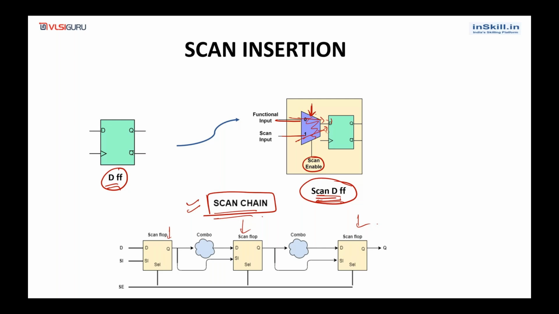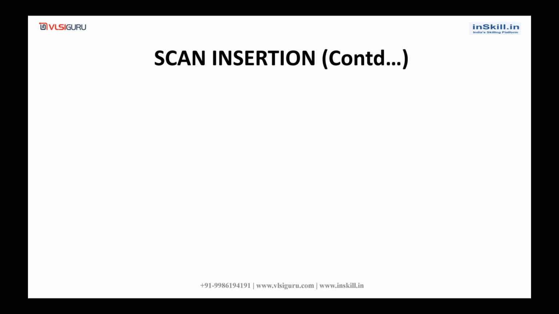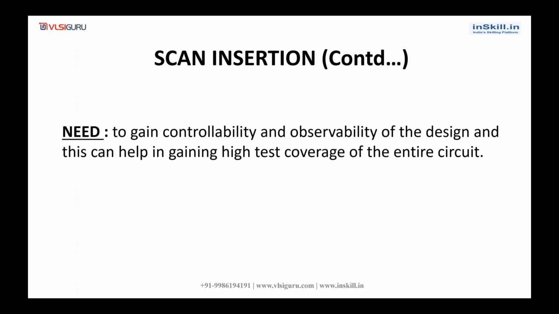Okay. So now we will see what is the need of scan insertion. Why do we have to change all the normal flops into scan flops, and why do we have to stitch the scan flops into a scan chain? Why do we need to do scan insertion? Scan insertion is done in order to gain controllability and observability of the design.